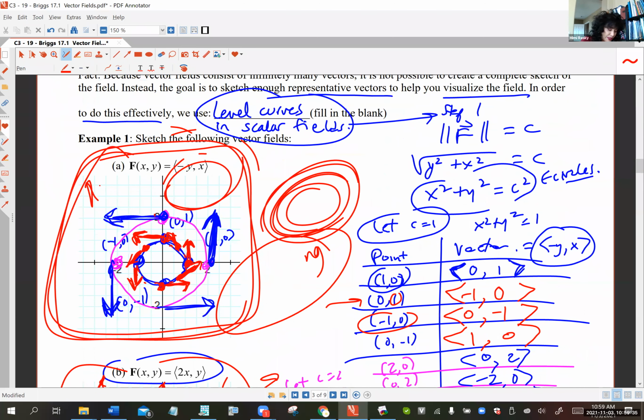Why not? Because the arrows are definitely not orthogonal to the level curves. In fact, they're tangent. So you can tell by looking at a picture, but that just takes too long. Is there a quicker way? Yes, there is.